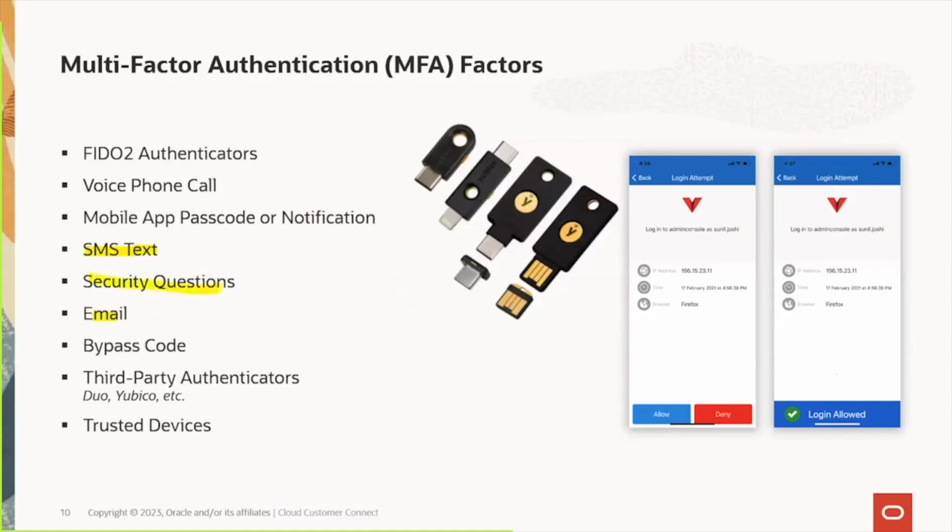The same goes for security questions, perhaps you can guess some of them, depending on your config. The better ones are the ones you have, like a mobile app passcode. This is the image here on the right, which uses a push notification, and the passcode would be the number which is created by the time-based one-time authenticator.